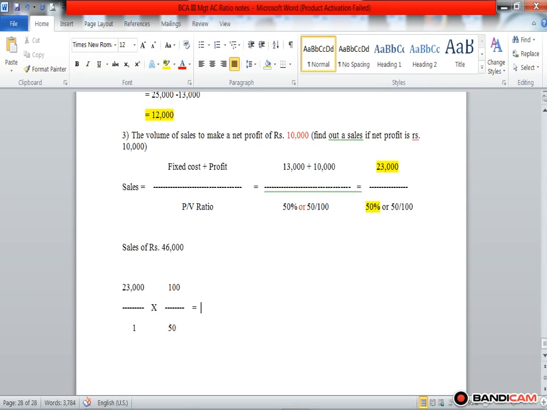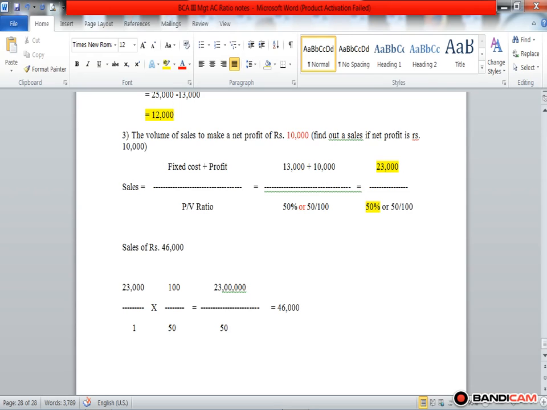Dividing by 50 means dividing by 100 and multiplying by 2, the same. So the answer is 46,000.